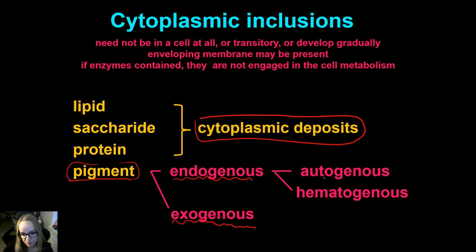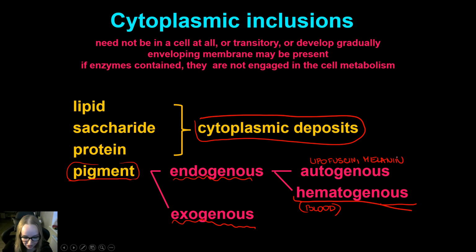We can have a pigment from blood. When it's from blood, it's called hematogenous. Hemato means from the blood. Or autogenous, like, for example, the already mentioned lipofuscin, or melanin. Melanin is also a pigment in the cells.